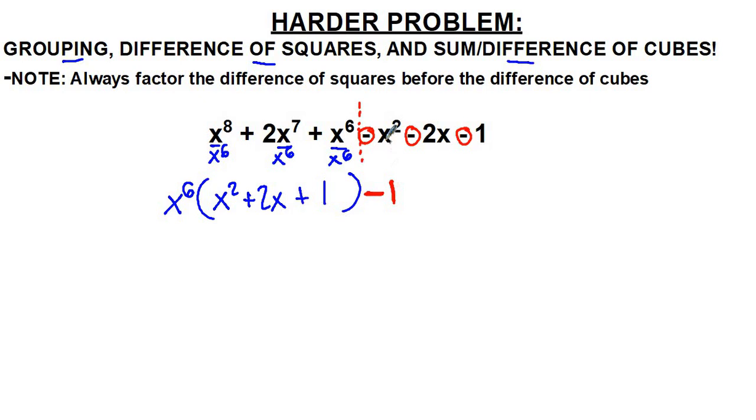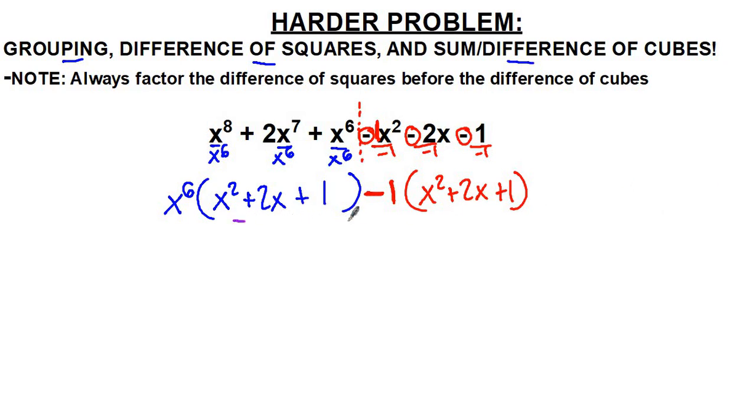There's no number that goes into 1, 2, and 1 other than 1, because this is a 1x squared, and they don't have a power of x in common. x squared and 2x do, but the minus 1 at the end does not. So let's pull out a negative 1 from these, and if you divide each term by negative 1, all that happens is they switch signs. So that becomes a positive x squared, positive 2x, and then a positive 1.